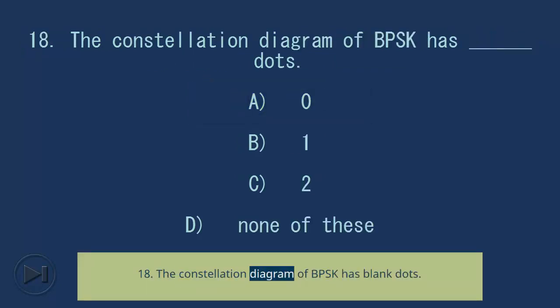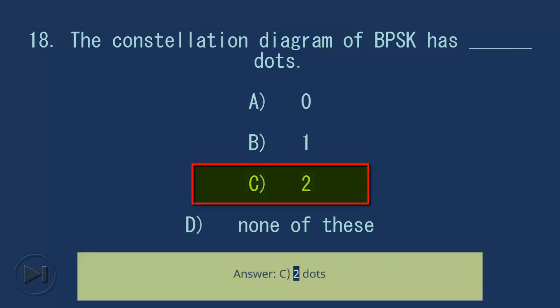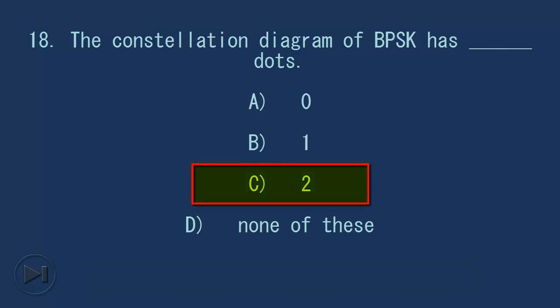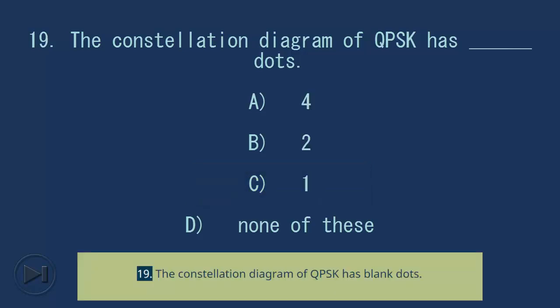18. The constellation diagram of BPSK has blank dots. A. 0. B. 1. C. 2. D. None of these. Answer, C. 2 dots. 19. The constellation diagram of QPSK has blank dots. A. 4. B. 2. C. 1.